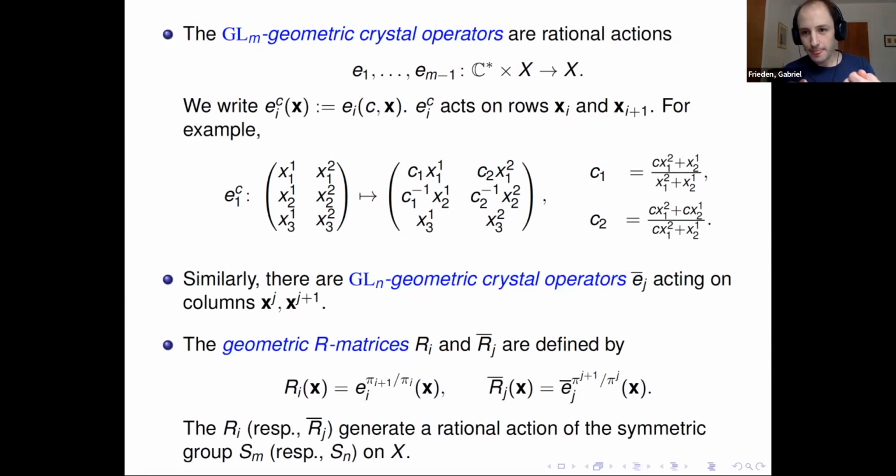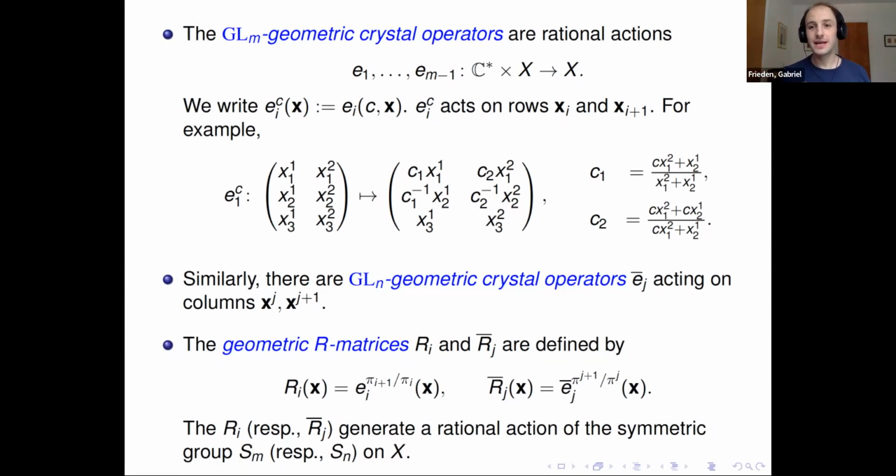So the way this works is that when you have a crystal, you have crystal reflection operators. Pasha was drawing these strings where you start somewhere and you can apply the crystal operator EI a certain number of times, and then eventually you get stuck and can't apply it anymore. So you can consider the operator that looks at where you are in your I string and just reflects your position.